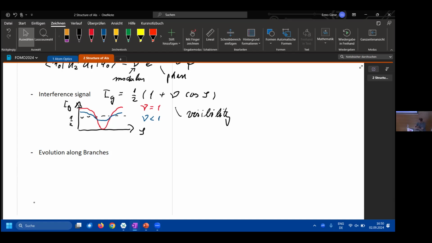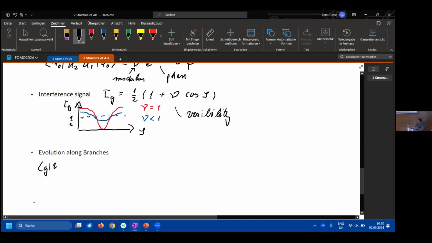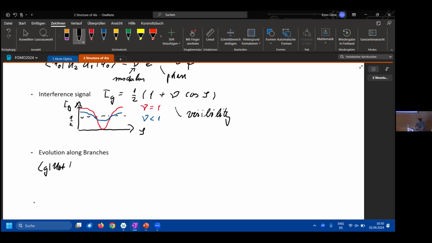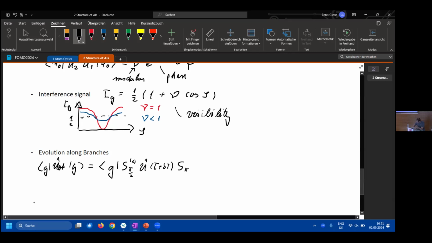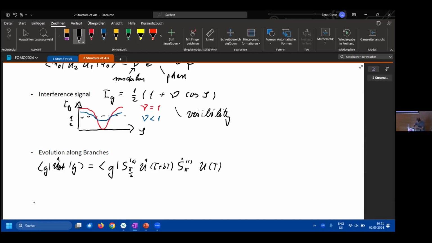So now we are going to have G times U total times G. And that is now, if we remember, G times S pi/2 of pulse 2 times U of t plus delta t times S pi of pulse 1 times U of t times S pi/2 of pulse 0 acting on G. Okay, that's what we have to calculate.